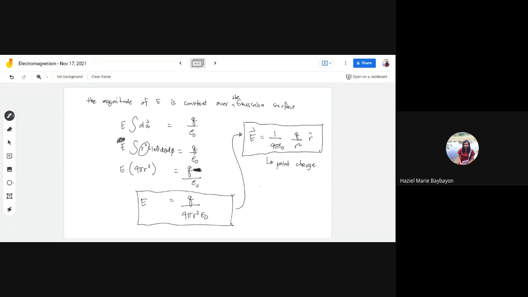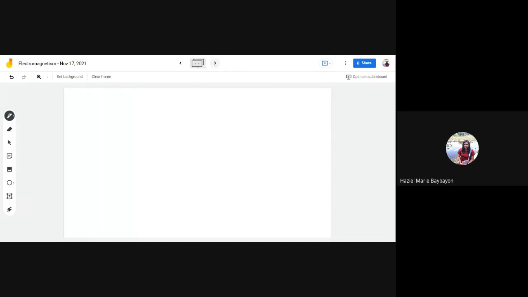So again, kung nakay spherical surface or nakay solid sphere with total charge Q, the same lang yung electric field kung nakay point charge with charge Q. Okay. Any questions?